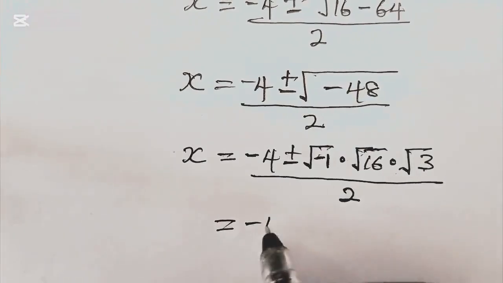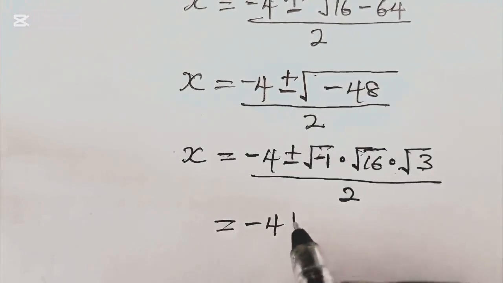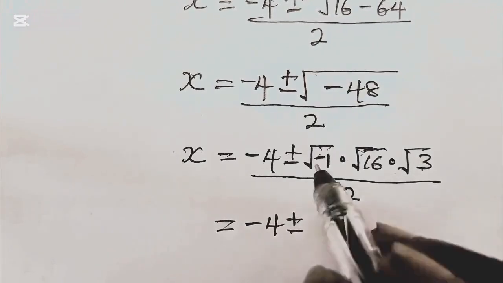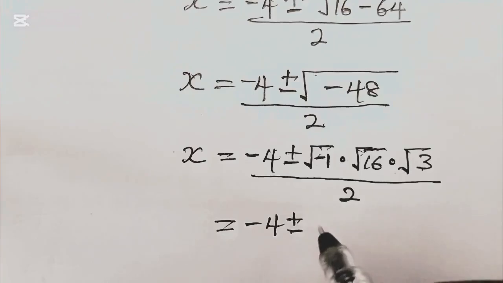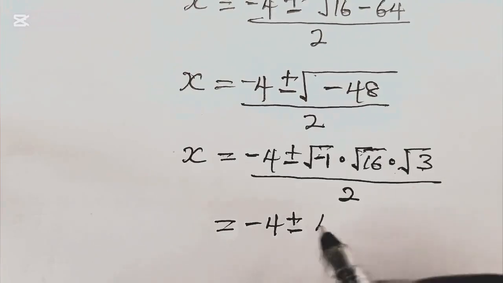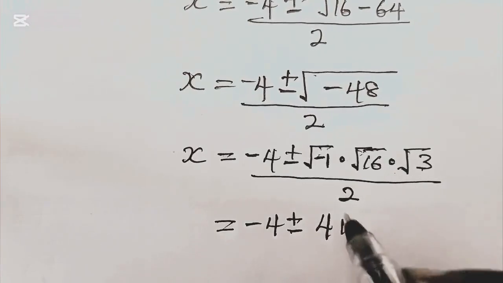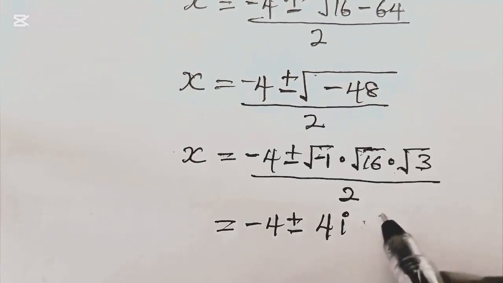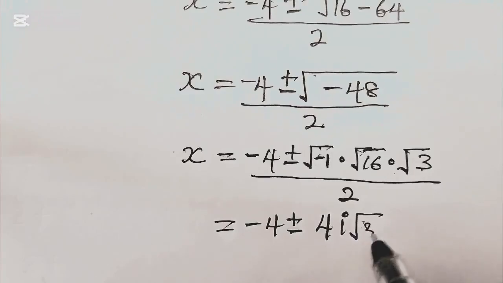So we are still on the way. So we have minus 4 now, plus or minus square root of minus 1 is i, and square root of 16 is 4. Let's say we have 4i. Then square root of 3 is square root of 3.